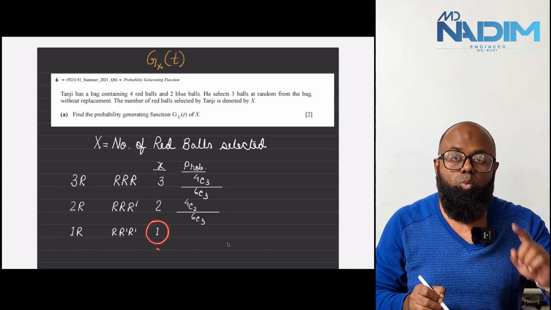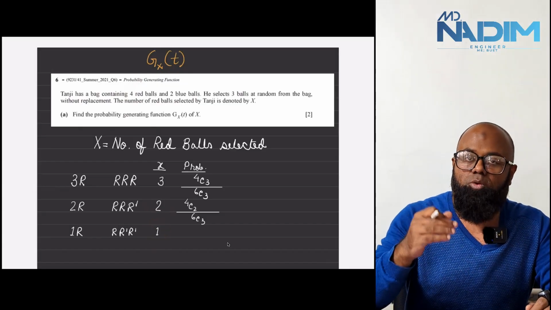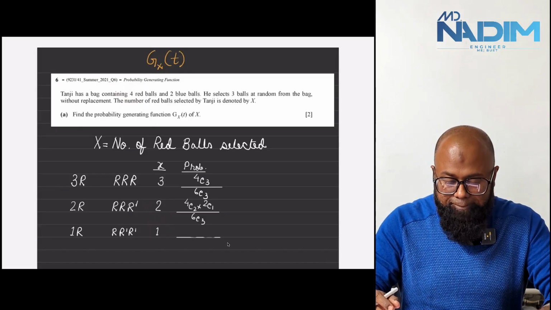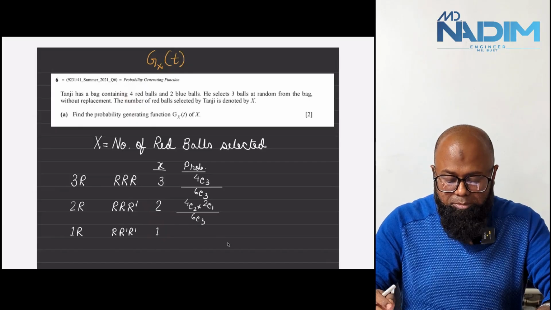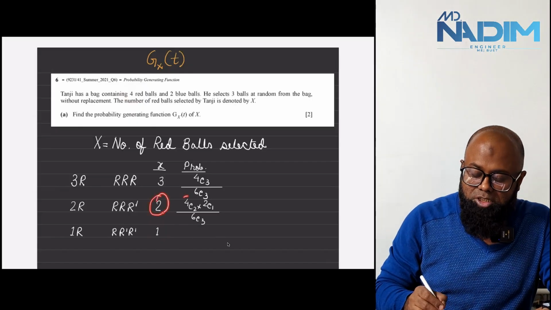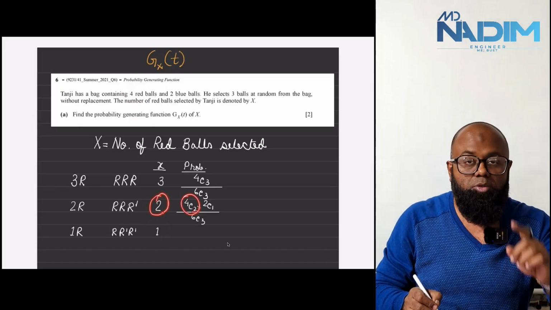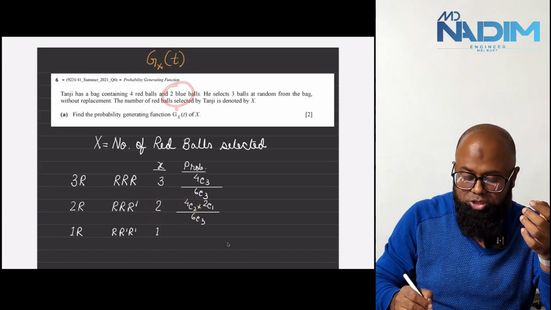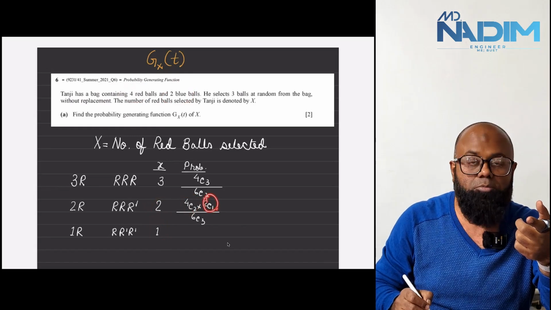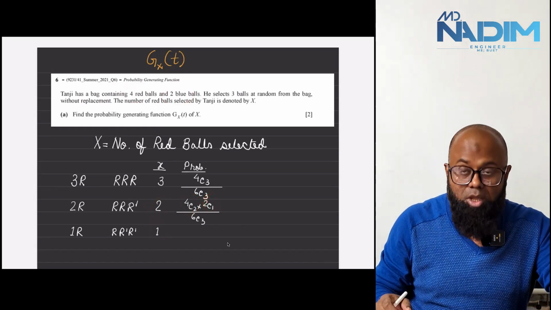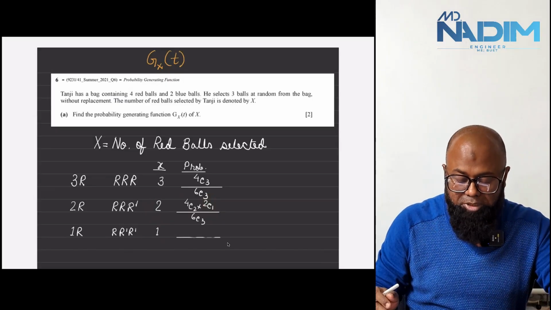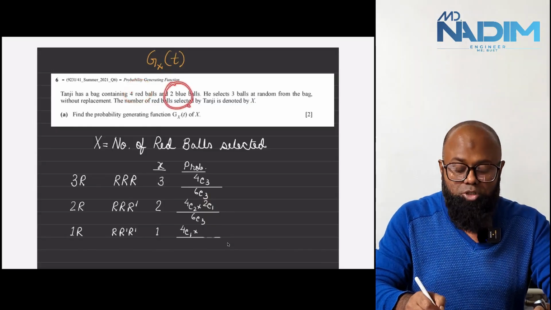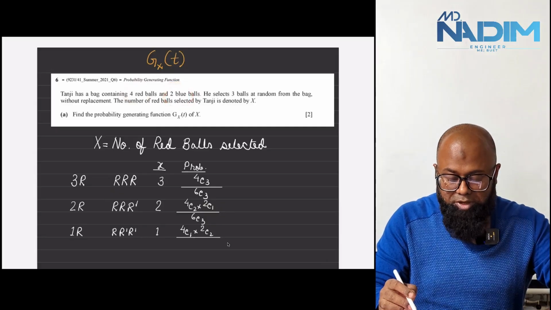And you need 1 ball taken from the non-red, that means the 2 blue balls, so 2C1 for the third ball, divided by 6C3. When you take 1 red ball, out of 4 you are taking 1, 4C1, and out of 2 blue you are taking 2, so 2C2, divided by 6C3.